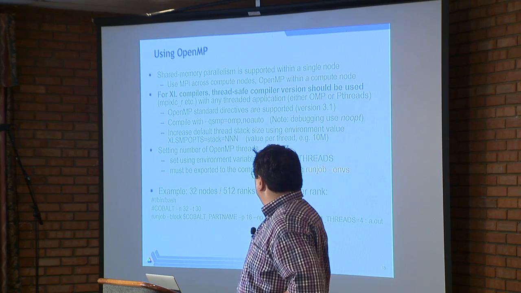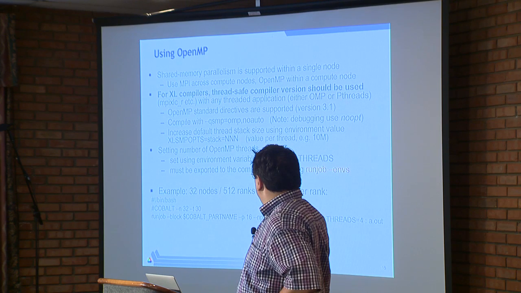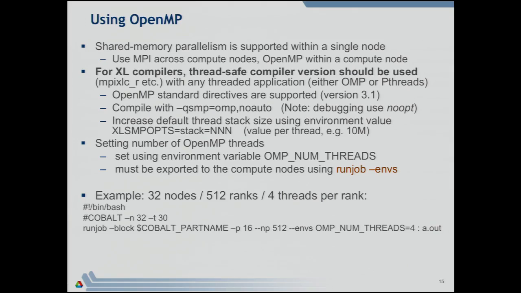And if you overflow the thread stacks, it will just silently do crazy things. So the first thing to check when you have a threaded program and it's misbehaving is to try increasing the stack size. And if it does something different, that might be related. And here's an example of how you would insert the environment variable into the run job's environment.